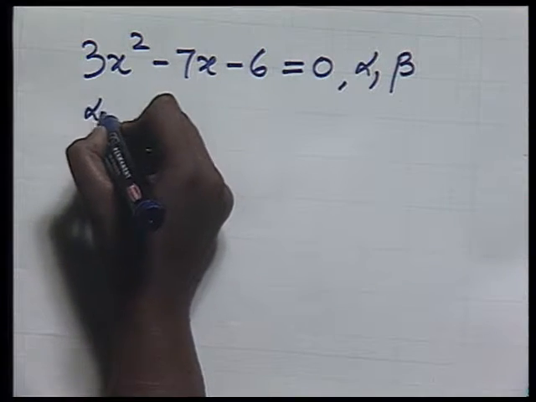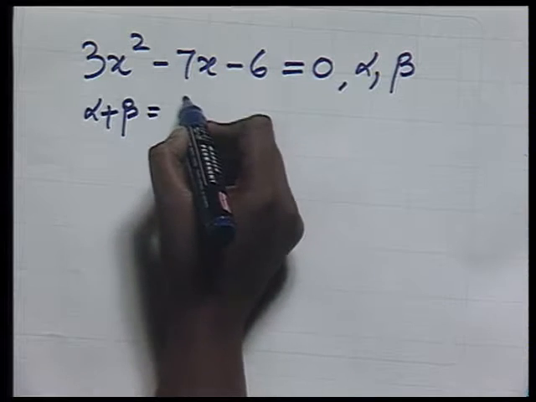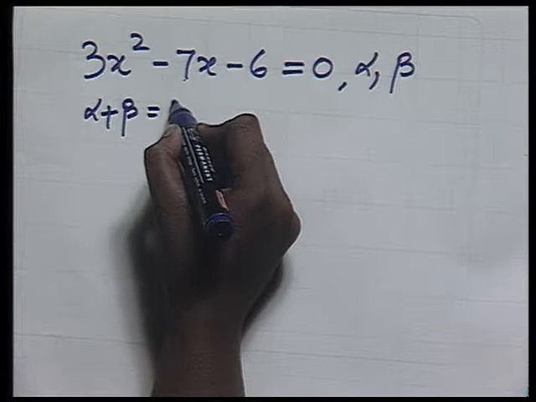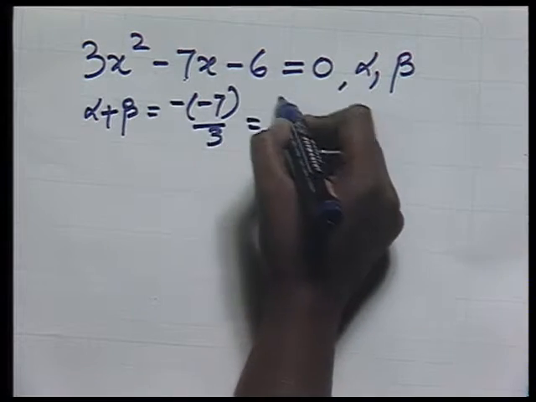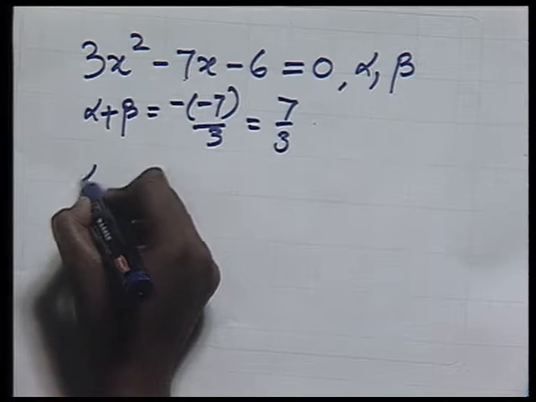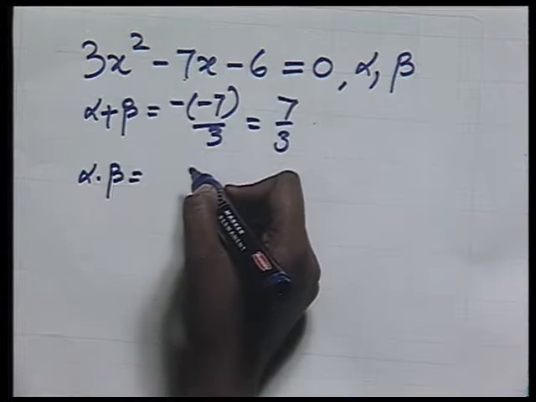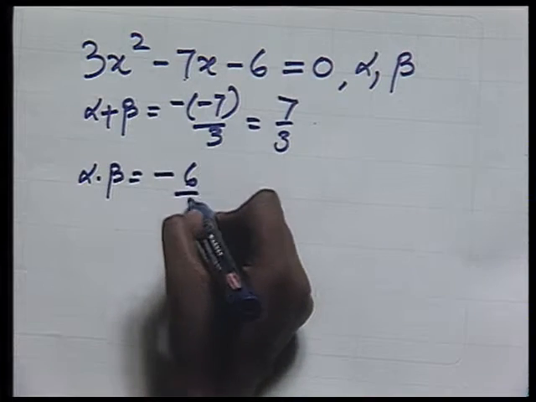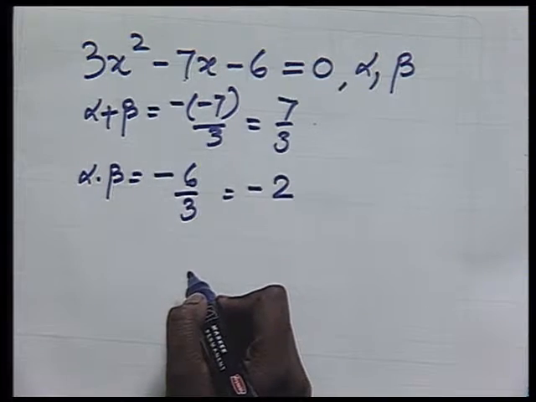Then the sum of the roots of this equation will be alpha plus beta, which is equal to minus b upon a, that is minus of minus 7 upon 3, which is equal to 7 upon 3, and the product of the roots of this equation will be c by a, that is minus 6 upon 3, which is equal to minus 2.